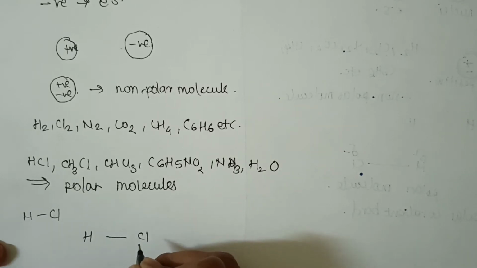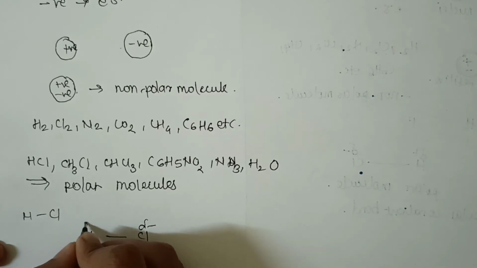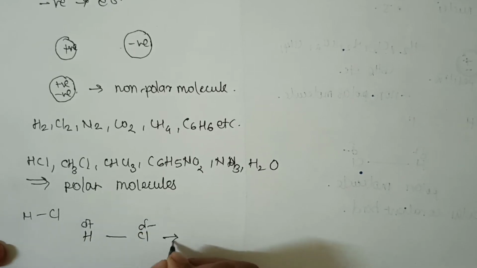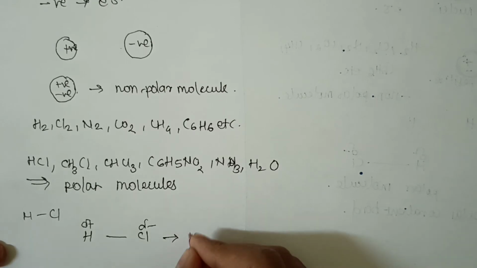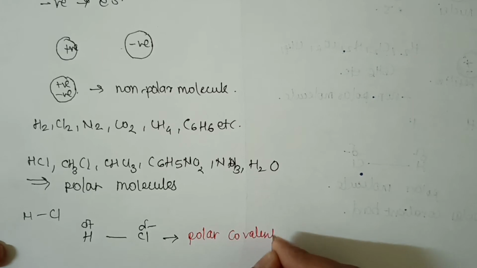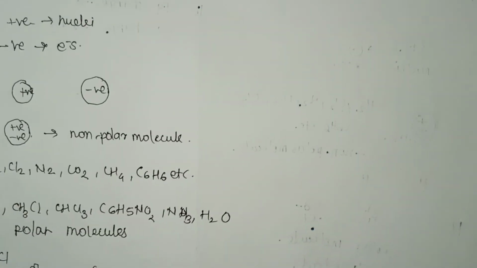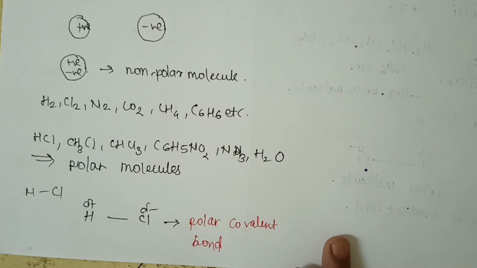Due to this unequal distribution of charges, chlorine gets a delta negative and hydrogen gets a delta positive, and the bond between these two is called a polar covalent bond.